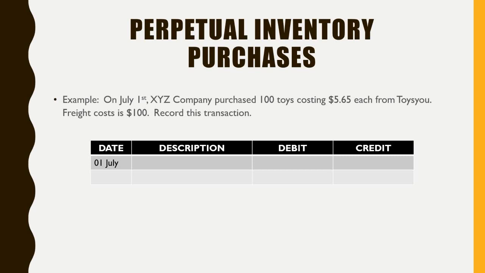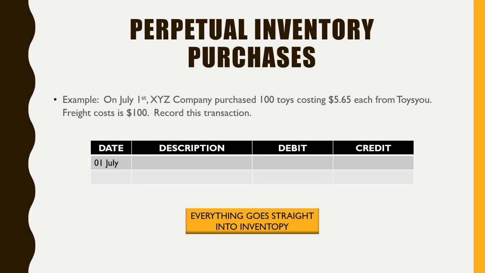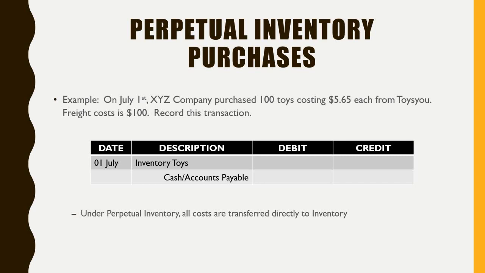If you remember the concept, everything is going to go straight into inventory. So my purchase of inventory for $565 goes straight to inventory. My freight cost that I had included with my inventory is going to go straight into inventory.